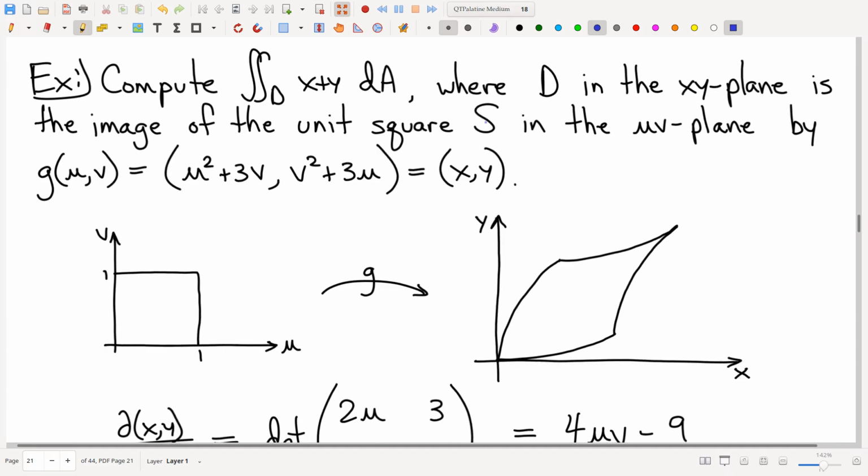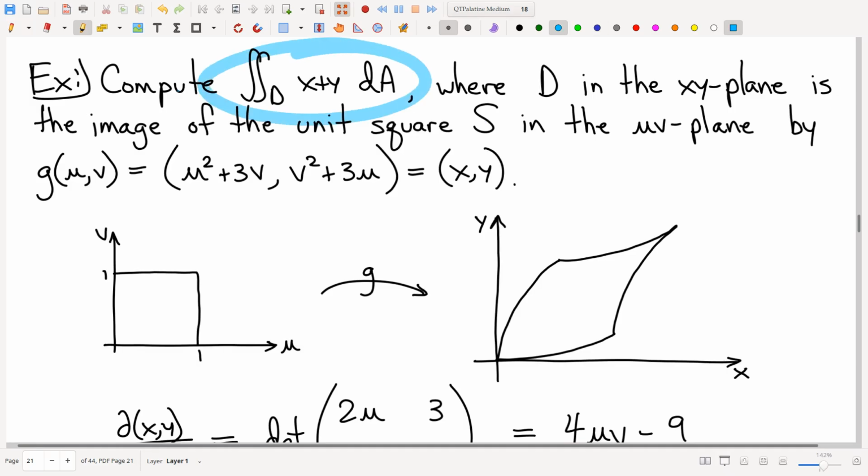So here we go. We have an integral to be computed. This integral has a domain D. The domain D, by the way, is in the xy plane. That domain is given as the image, namely what comes out of my function, of the unit square in the UV plane.